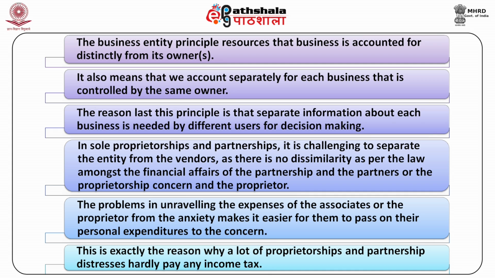In sole proprietorships and partnerships, it is challenging to separate the entity from the owners, as there is no distinction in law between the financial affairs of the partnership and the partners, or the proprietorship concern and the proprietor. The difficulty in separating the expenses of the partners or the proprietor from the concern makes it easier for them to pass on their personal expenditures to the concern.